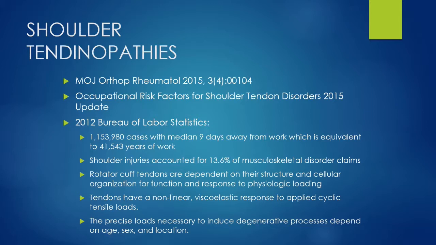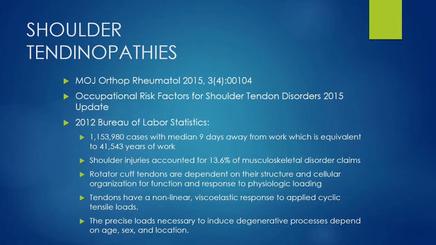So rotator cuff tendons are dependent on their structure and cellular organization for function and response to physiologic loading. The physiologic loading is another phrase that we could substitute for the phrase work demands. It's the work demands that apply physiologic loading on these tendons.